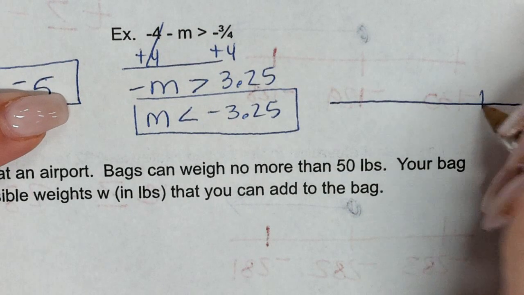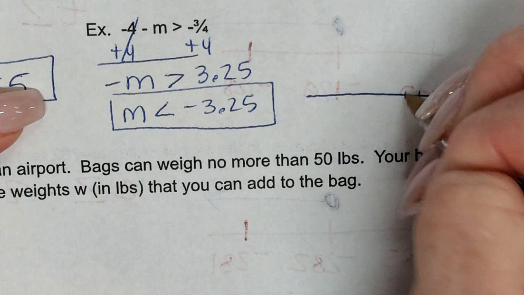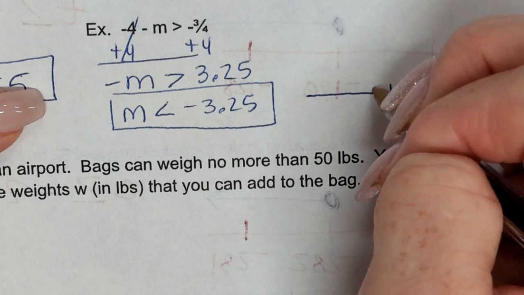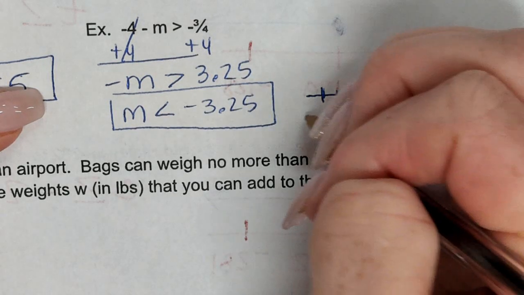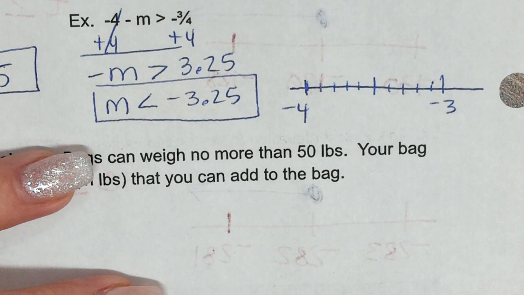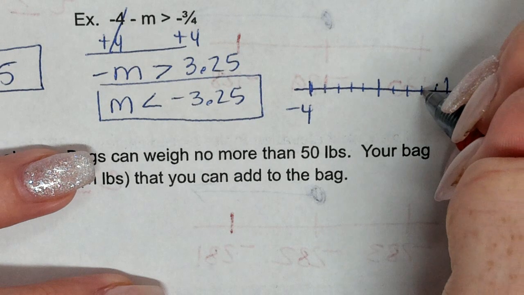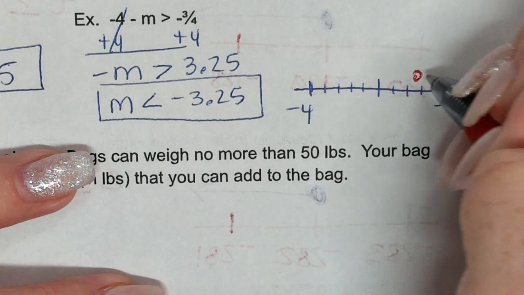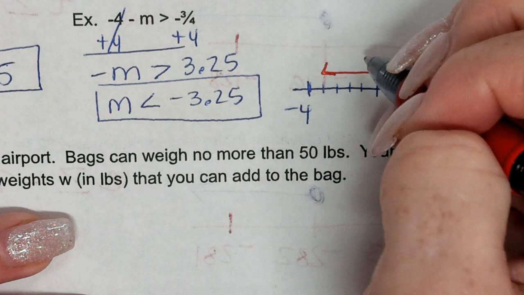Here's -3. 3.1, 2, 3, 4, here's -3.5, 6, 7, 8, 9, and here is -4. I also could have just done it in 25 cents increments since it was 25 cents, but I didn't. So here's -3.25 right here. It's open and shaded to the left.